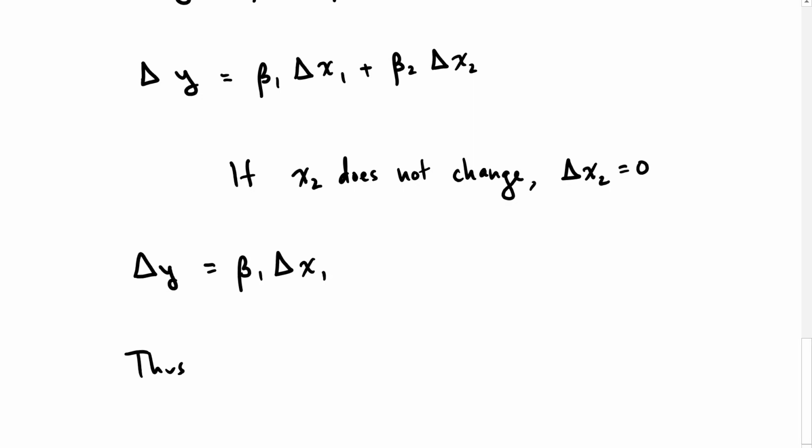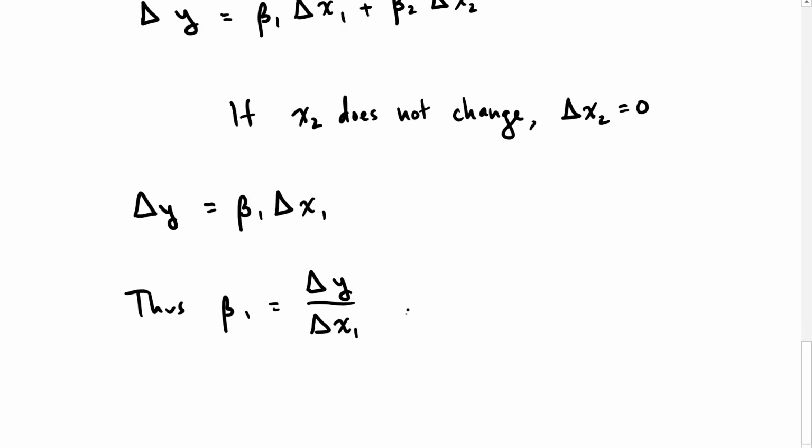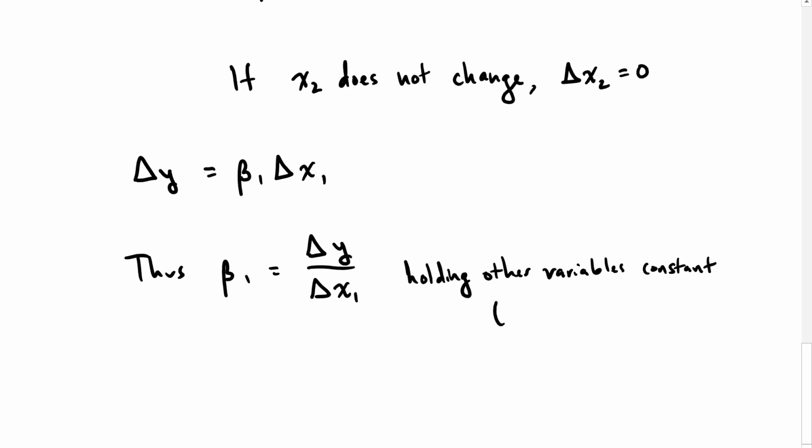So thus, as above, beta 1 is equal to the change in y over the change in x1, holding other variables constant. That is, x2 is not changing.